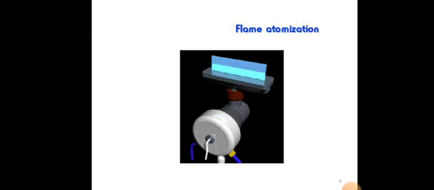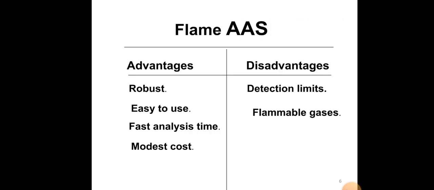Here also you can see another picture of the flame atomization, and you see the flame that is a narrow and long flame, usually with 10 centimeter length. Flame atomic absorption spectroscopy, or flame AAS, has several advantages.